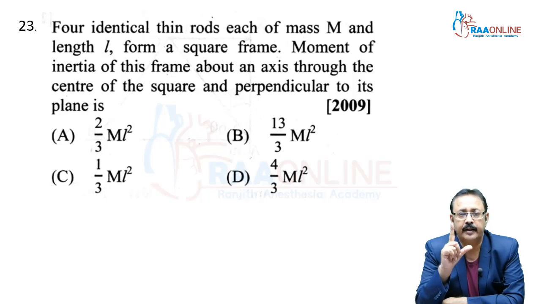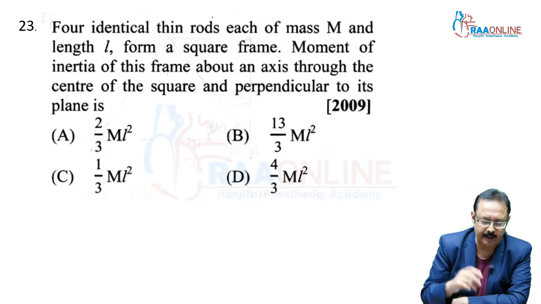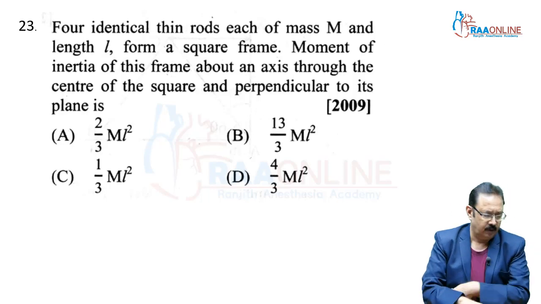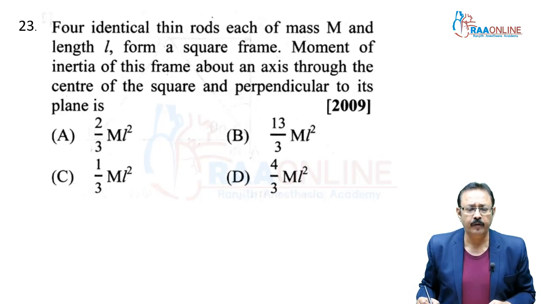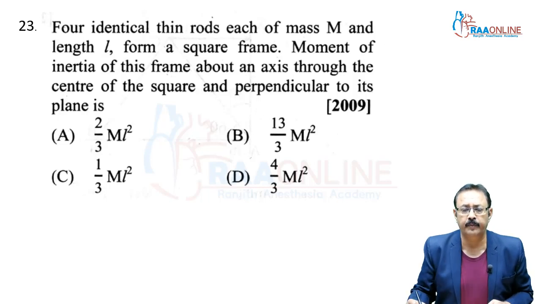So calculate individually for each figure and simply add all results. What they are saying is we have 4 identical rods and we put the rods in the form of a square.